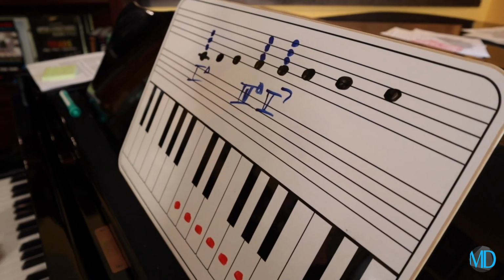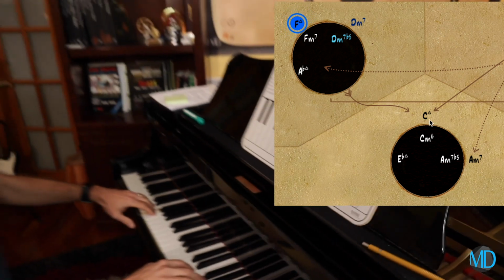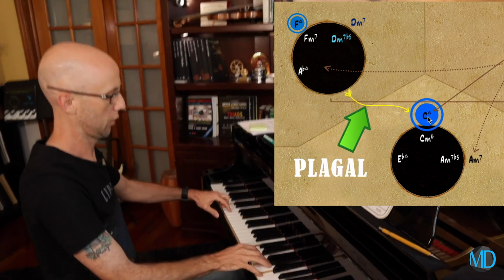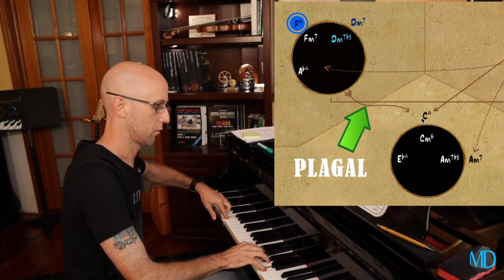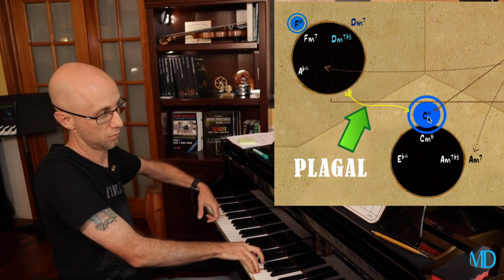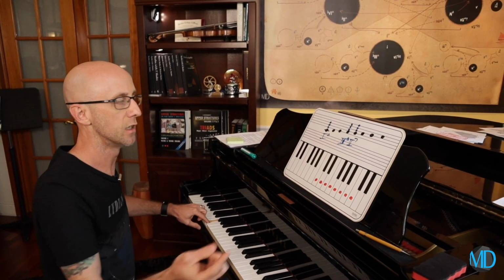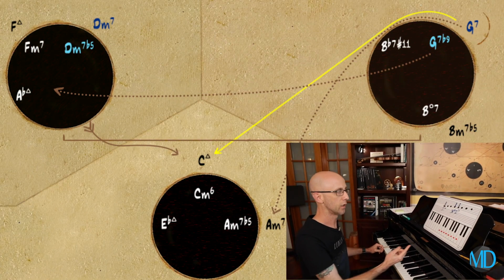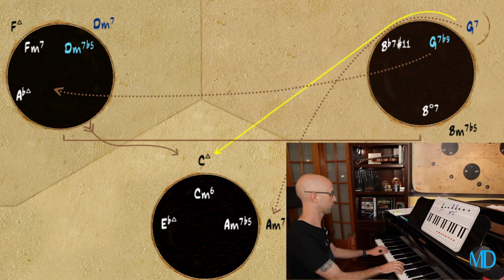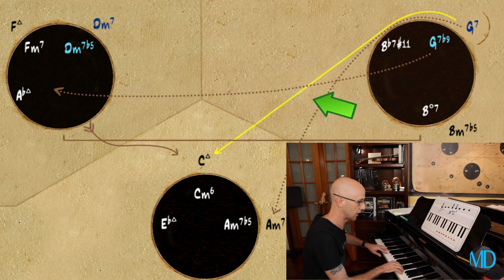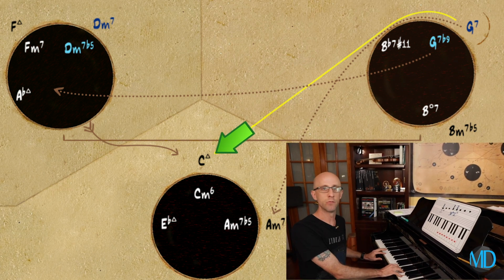If I just go 4 to 1. All right, so there's that boom, boom, that 4-1 movement in the bass. It's really indicative and typical of a plagal cadence. If I go 5 to 1, I get even more tension and release.